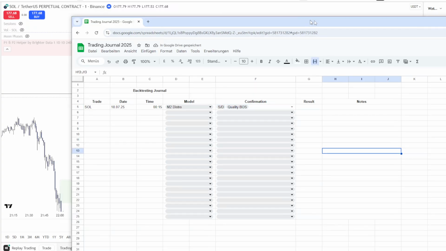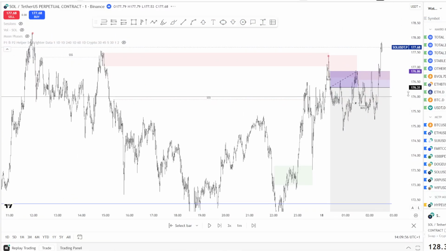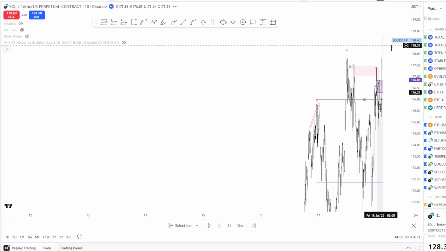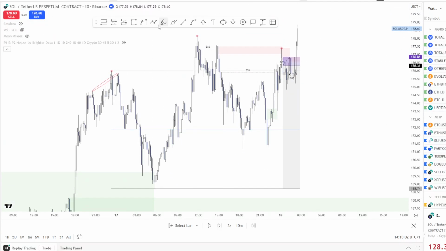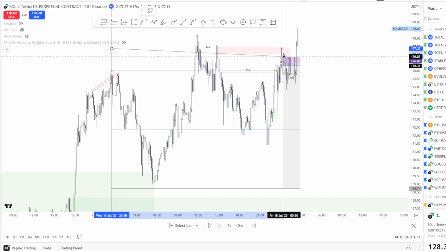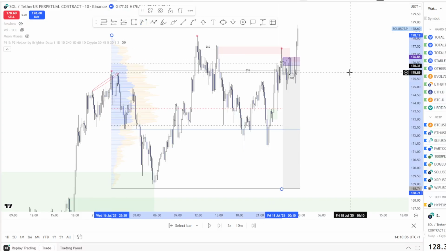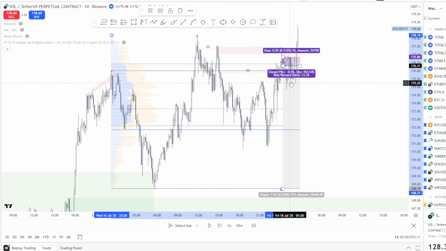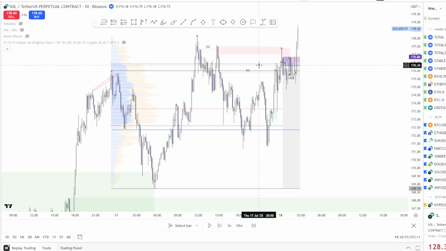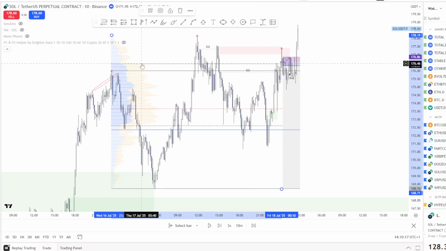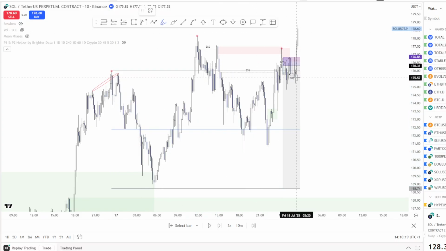Yeah. Did we have a range inefficiency? Let's see. Well, it wasn't a confirmation for this trade, but it's often nice to look at the range profile. And yeah, we even broke back into the volume profile. You preferably want to enter a model 2 inside of the range, not outside of the range.